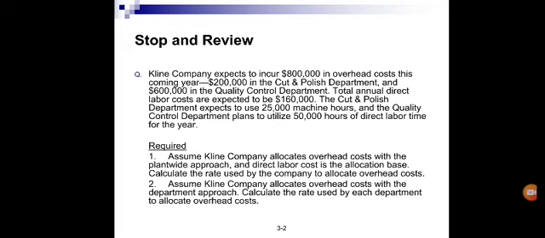Client company expect to incur 800,000 in overhead costs this coming year. This is budgeted data, and the cost is 200,000 related to the cut and polish department and 600,000 related to the quality control department. And then the second thing is total annual direct labor costs are expected to be 160,000.